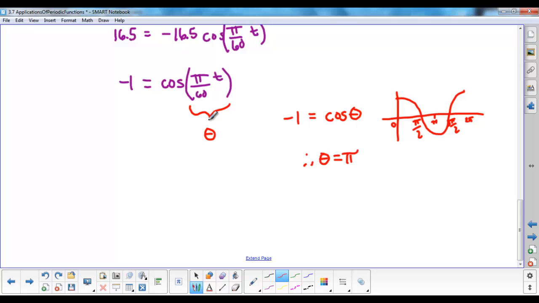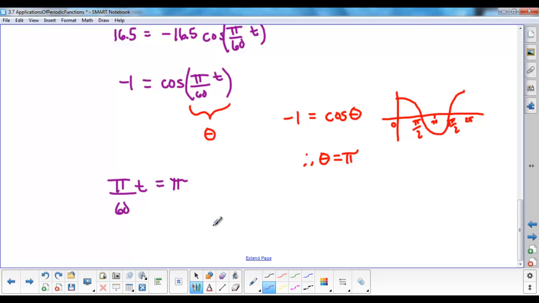Let's take that back to the question we were working on. The question said negative 1 equals cos of this particular argument. Well, we've already established that this argument must equal pi in order for this right side to equal negative 1. So let's say that pi by 60t must be equal to pi.